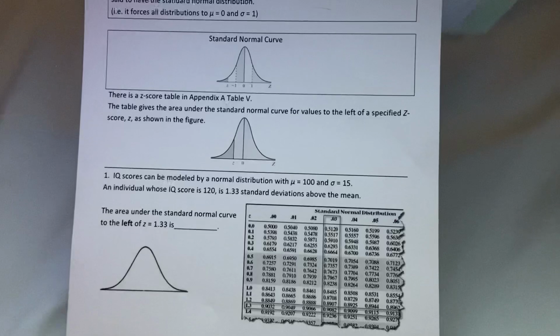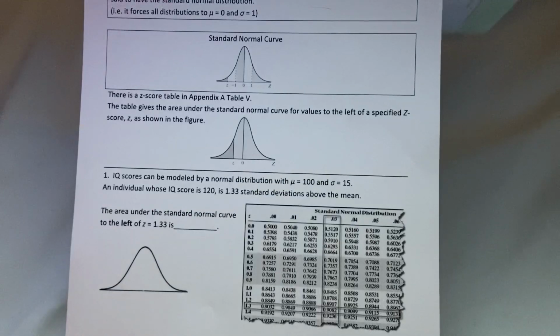Okay, so the IQ scores can be modeled by the normal distribution with mu 100 and standard deviation 15. An individual whose IQ score is 120 is 1.33 standard deviations above the mean. So what does that mean?